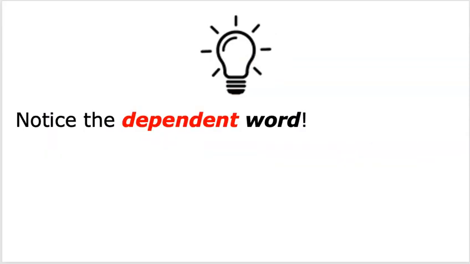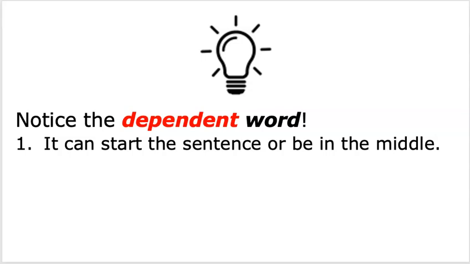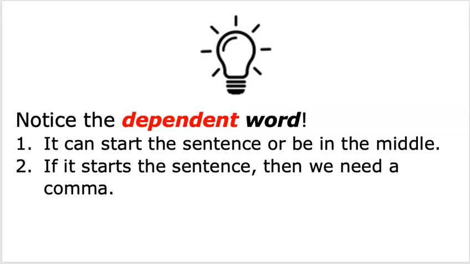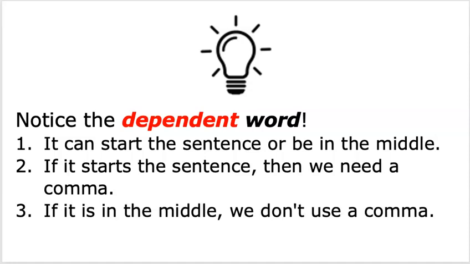Notice the dependent word. That is crucial to understanding complex sentences. The dependent word can start the sentence or be in the middle. If it starts the sentence, then we need a comma. If it is in the middle, we don't use a comma.